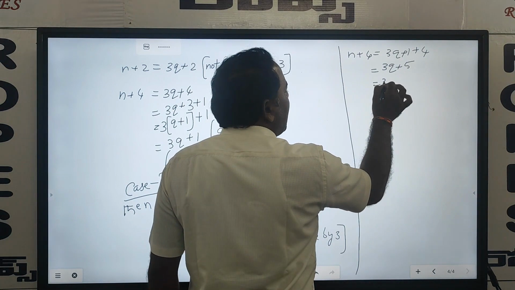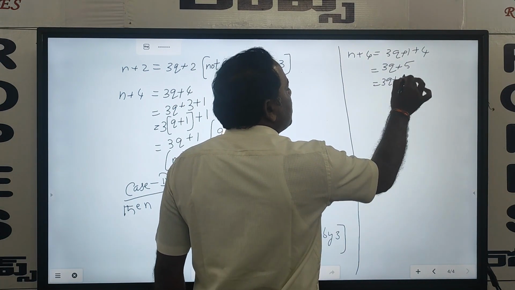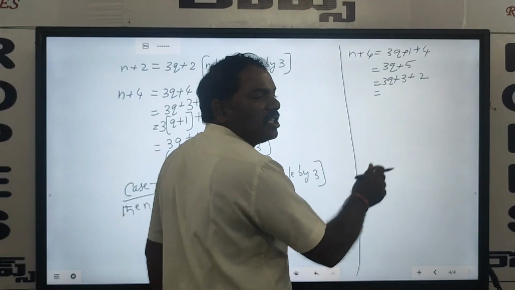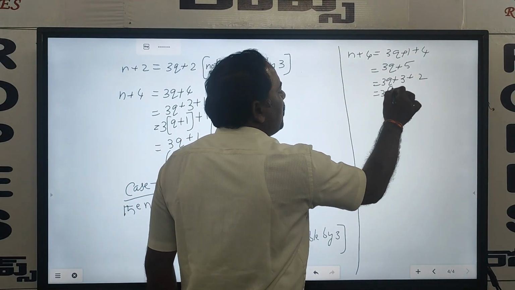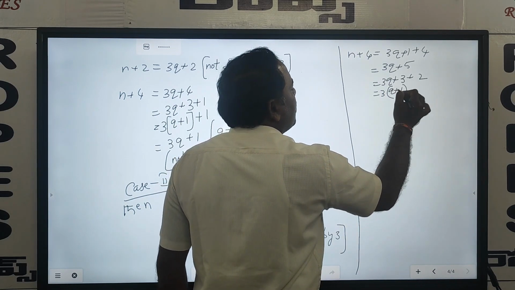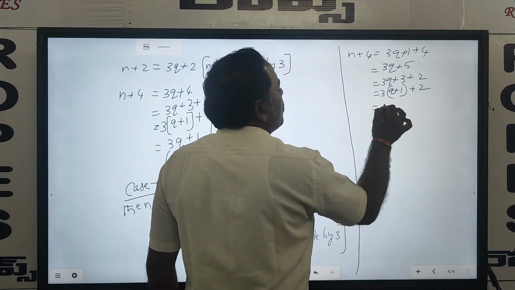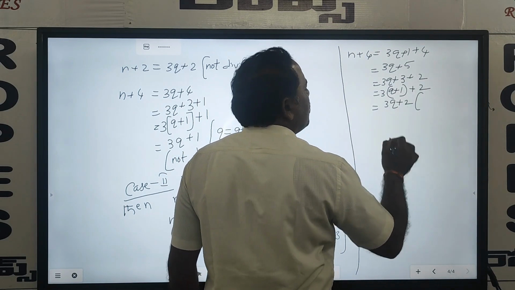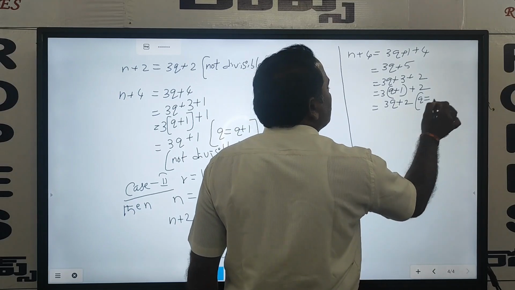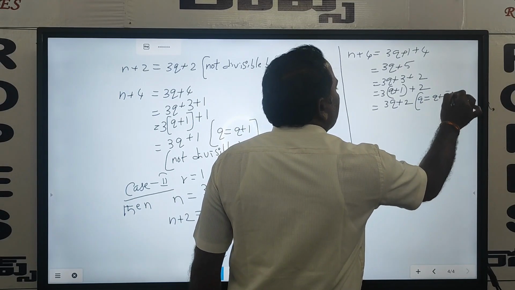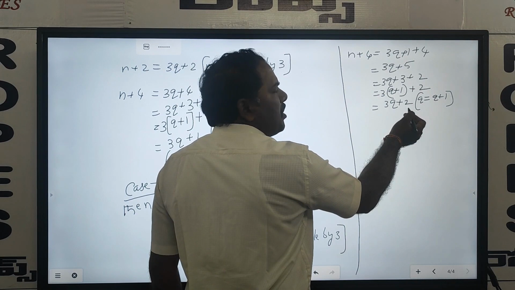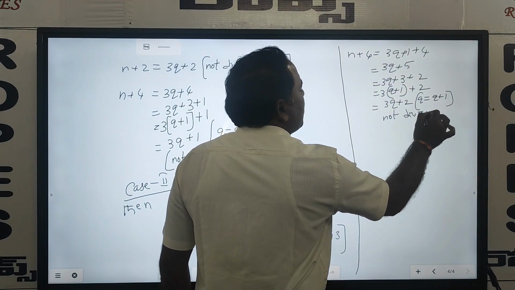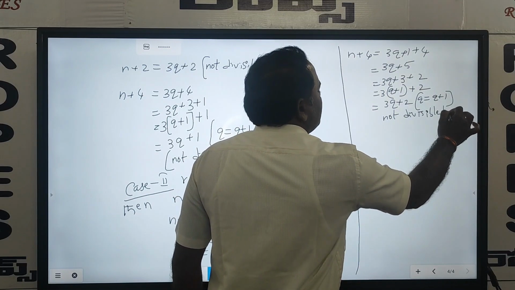Again 5 we can write as 3q plus 3 plus 2. In these two terms 3 is common, 3 into q plus 1 plus 2. Now we can write 3q plus 2, where q plus 1 I am taking as q. Now here we are getting remainder 2, that's why it is not divisible by 3.